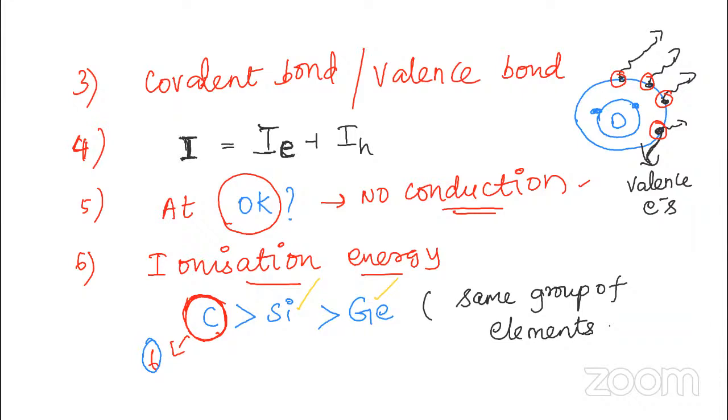Since the ionization energy is maximum, carbon is not a semiconductor. So here I have written it down: carbon is not a semiconductor.